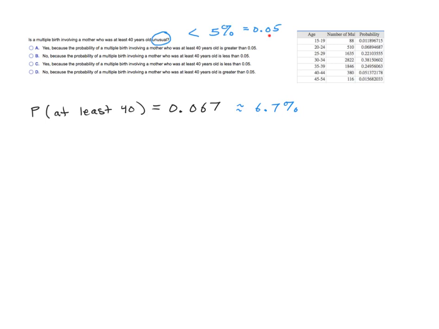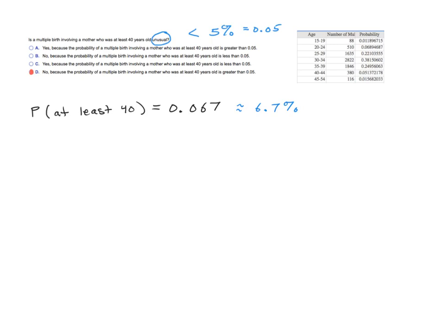If something is greater than this amount, we would not say that it's unusual. So this actually is not unusual, because the probability is greater than 0.05. I just want to make sure that I select the correct option that reflects this. The answer would be no, and that's because this probability was greater than 0.05.